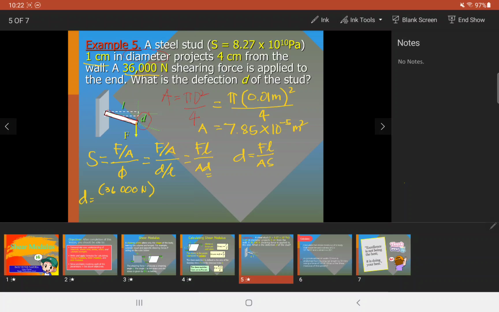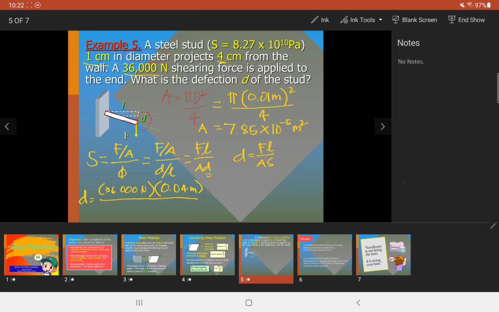So our L is, where is that? Here, 4 centimeters. We need to convert that to meter, so that would be equivalent to 0.04 meters.